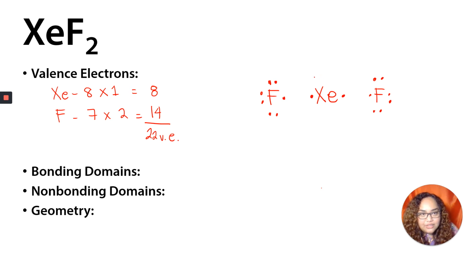So you can just position this right here. Another pair right here. Another pair. Another pair. And then another pair here. So if you count all of those dots, there would be 8 dots for xenon. So 2, 4, 6, and 8.